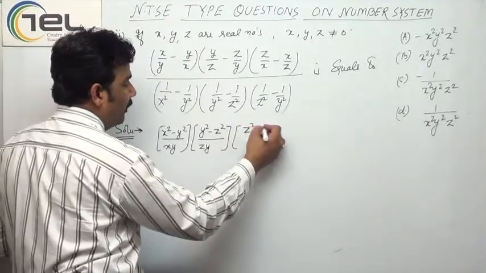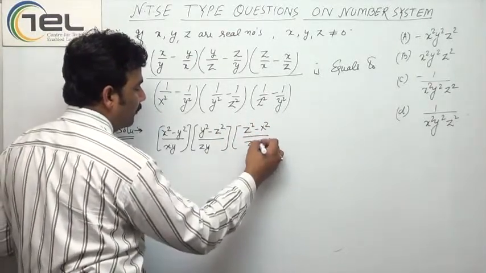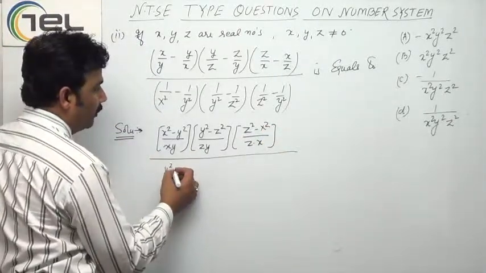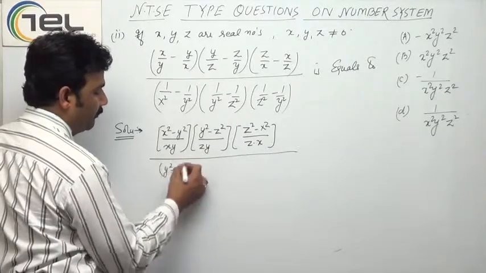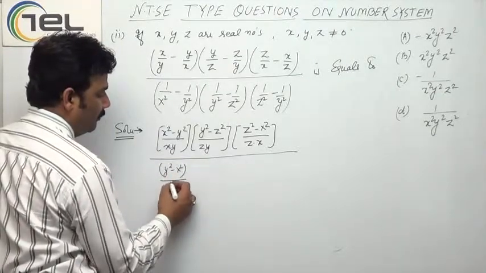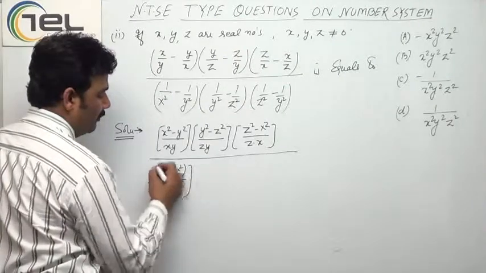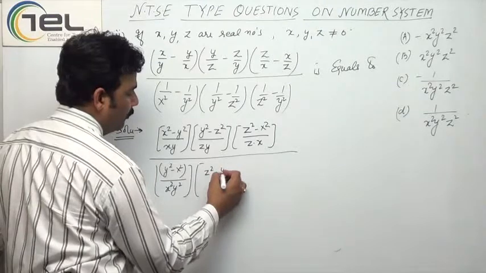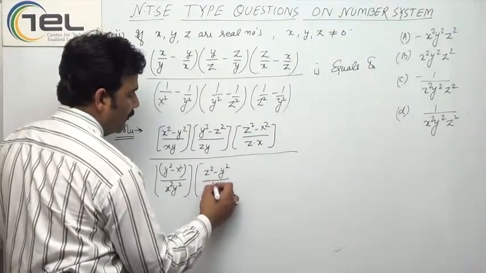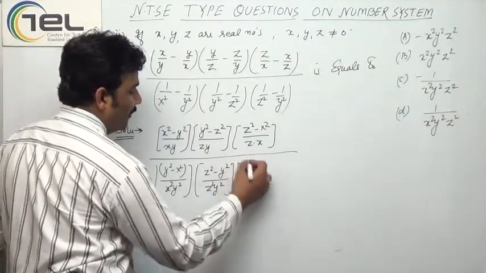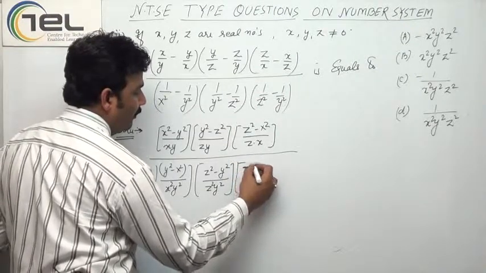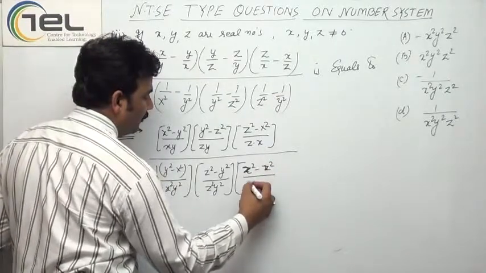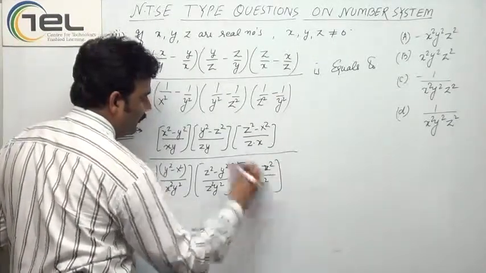Then z square minus x square upon zx, upon y square minus x square, upon minus z square, it will be like this.